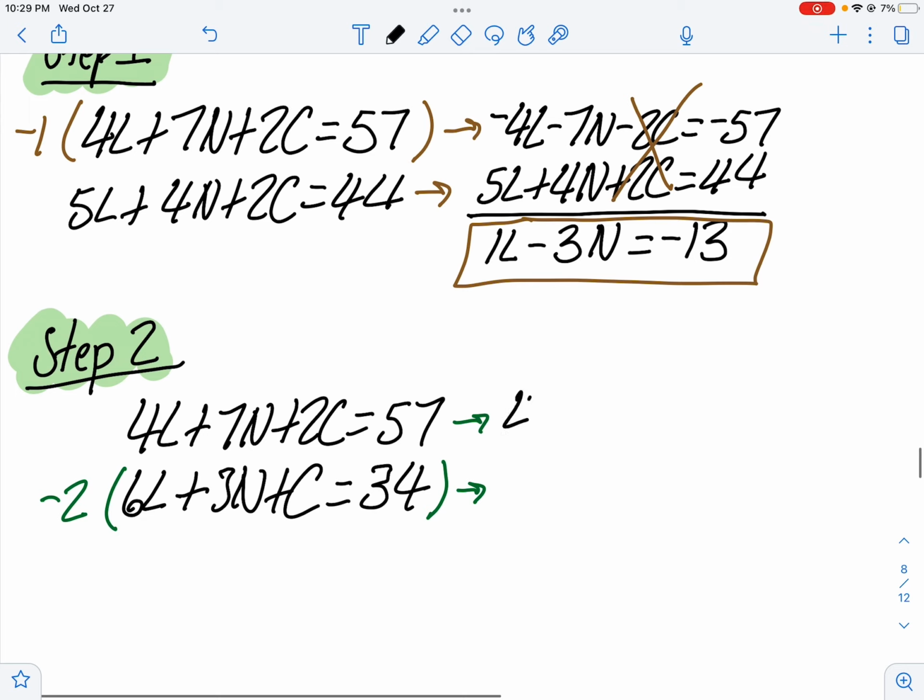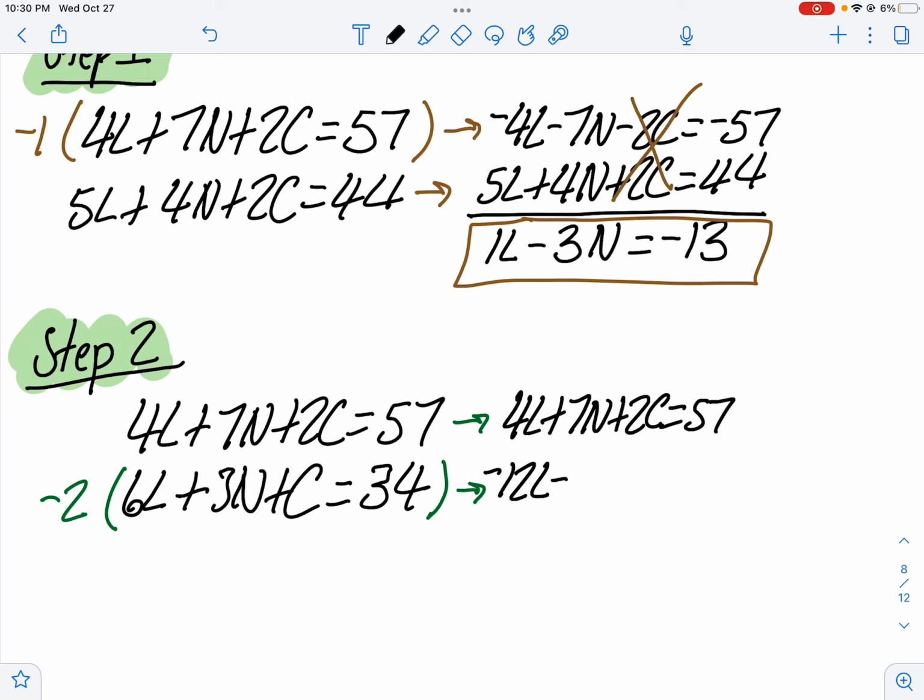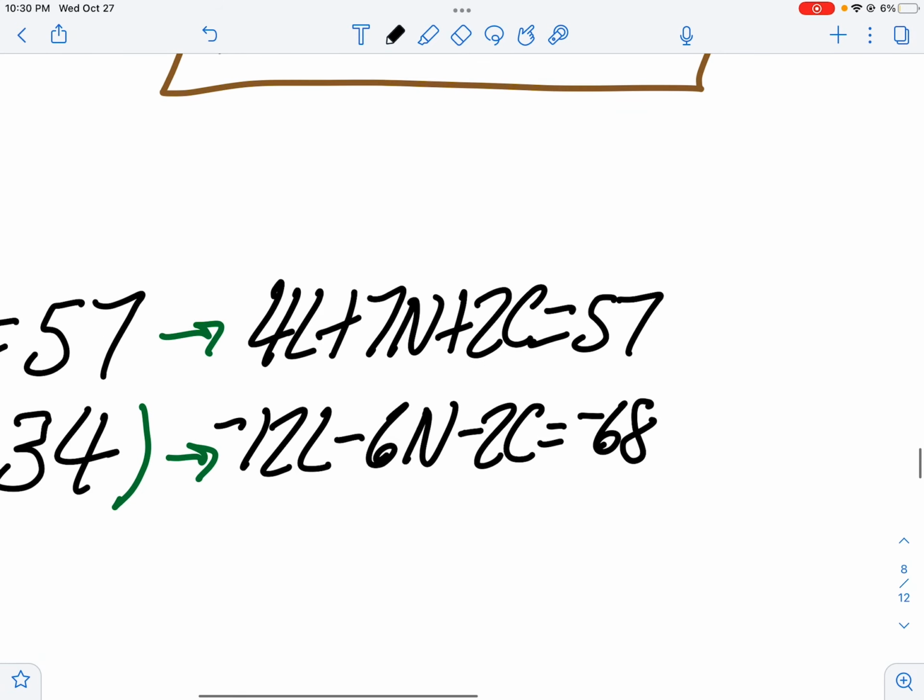So I'm just going to recopy it exactly the way that I see it. The bottom, I'm going to distribute by -2, and that's going to give me -12L minus 6N minus 2C equals -68.